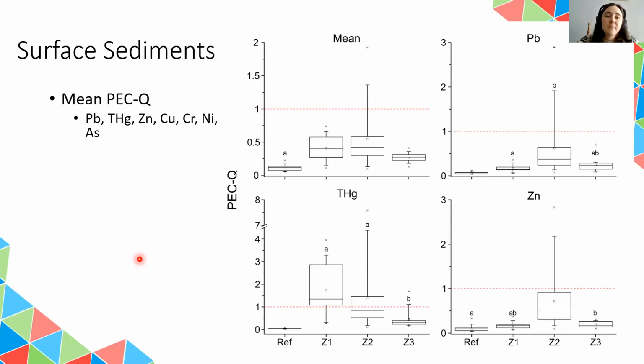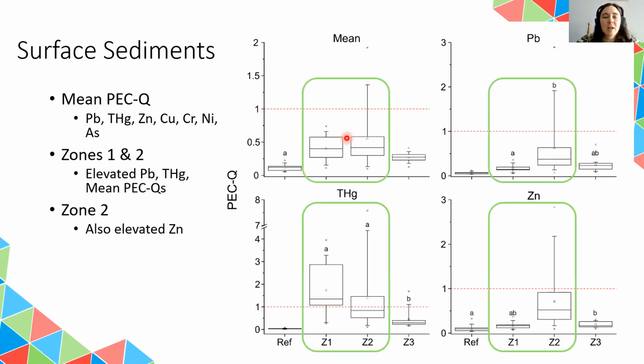So what we actually see in terms of our results are mean PECQ, which is an average across all of the contaminants of concern that we actually had PEC values for. We have, for the most part, below 1 if you average across all of your elements. But we do have a couple of trends and differences here.